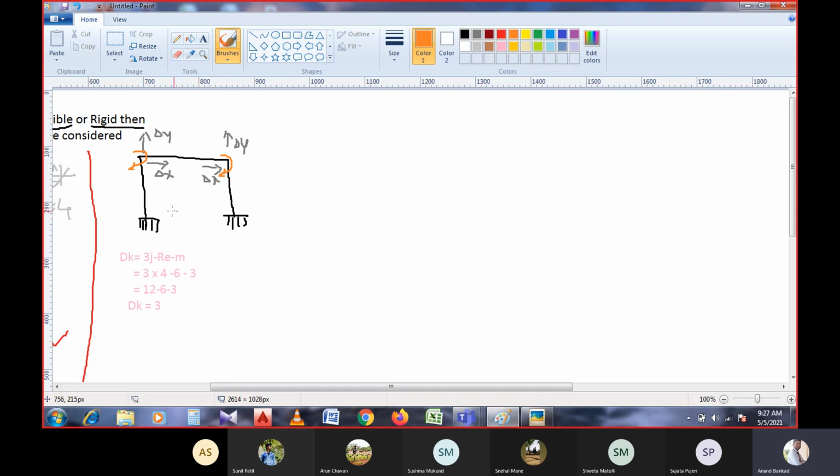Apart from this, since it is a rigid body connection, we can have the whole body moving in this direction. We can have the movement in this direction. So the delta x for the whole body is rigid, and that means the rigid body movement can be observed for the whole body, not for each member.